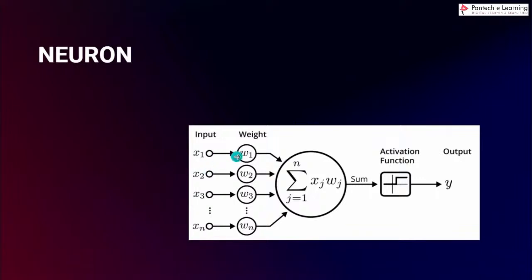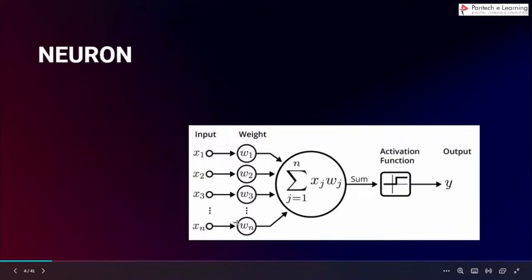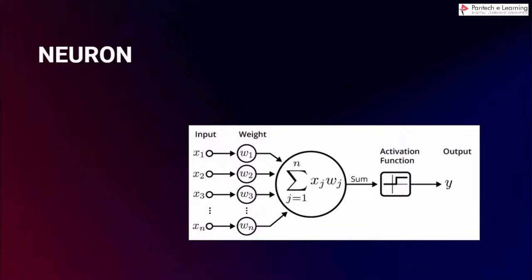For example, if this input is important, I'll give it more weightage. If this one is not that important, I'll give it less weight. Likewise, some weights will be added. We'll discuss the weights, activation function, etc. deeply in this class. Today's session will be elaborately about the maths behind it, how the neurons and the network work together, and all the basic terms about it.